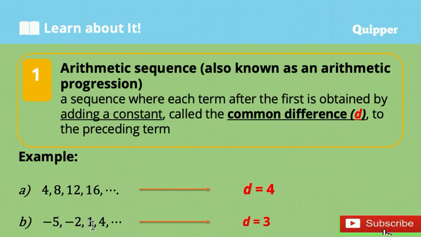Next, the third term subtracted by the second term, 1 minus -2 is +3. And lastly, we have the fourth term subtracted by the third term. 4 minus 1 is +3. Again, the common difference for this sequence is 3.